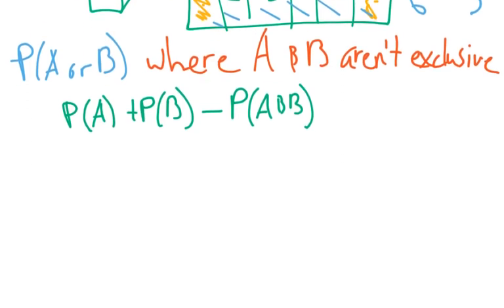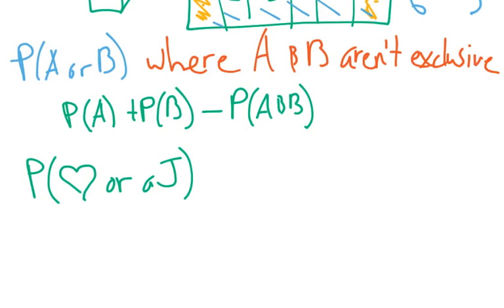Now that's a little more nuanced, and it has to do with something like, let's say you're messing with a deck of cards, and you want the probability of a heart or, let's say, a jack. We could be happy either way, with a heart or a jack.